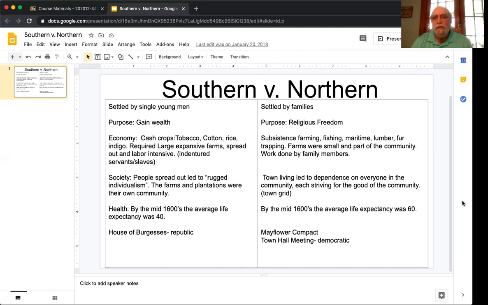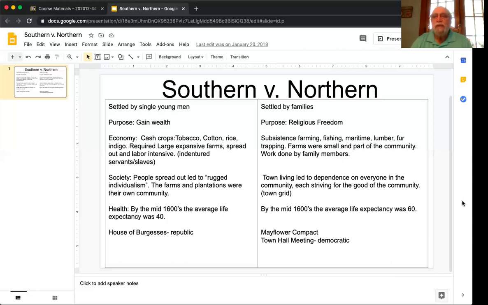So when these people get here, they're not coming here necessarily for the idea of colonizing Virginia. They're here as visitors to pick up all of the gold and the spices or whatever it is they thought they could find, and then go home back to England and live the fat cat life.